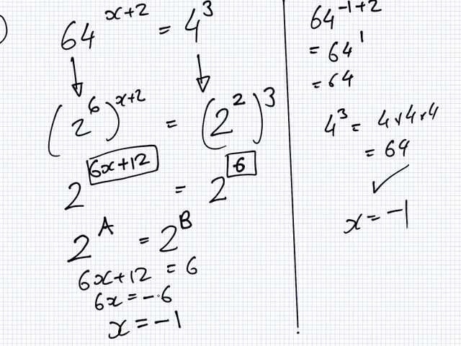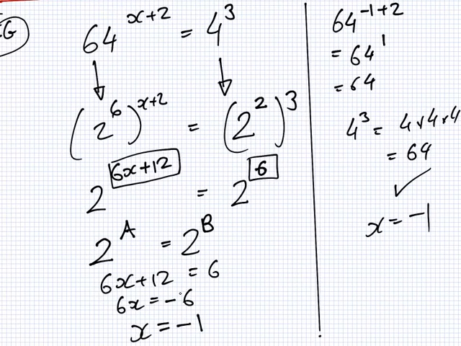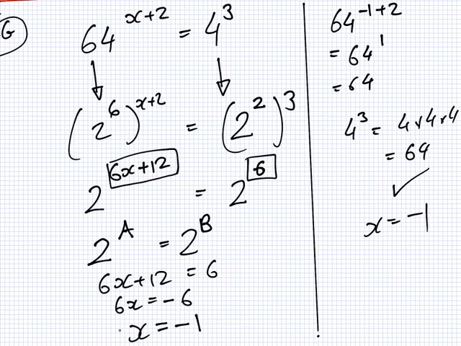Write this example down. Why not keep the 4 as it is and just 64? You could, but it's a good habit to try to reduce the base to a number that's as small as possible.